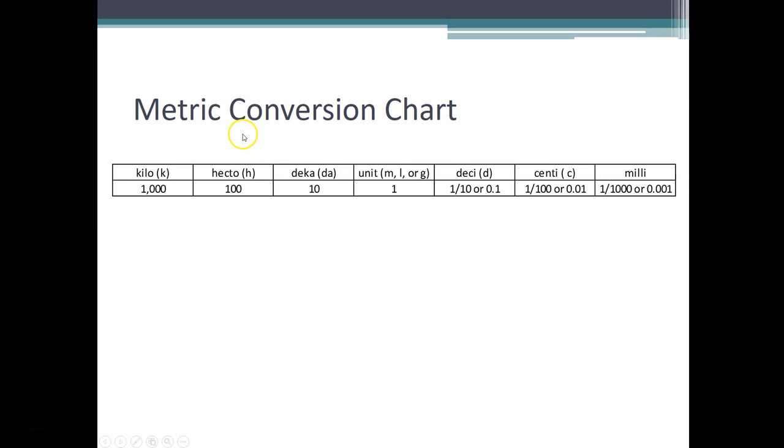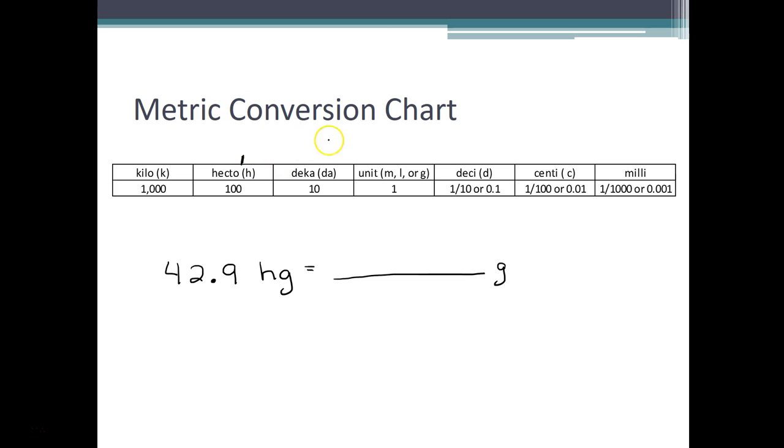Alright, let's do a couple examples. Okay, first of all, let's say that you have 42.9 hectograms, and you want to convert this to grams. Okay? So hectograms, H is right here.